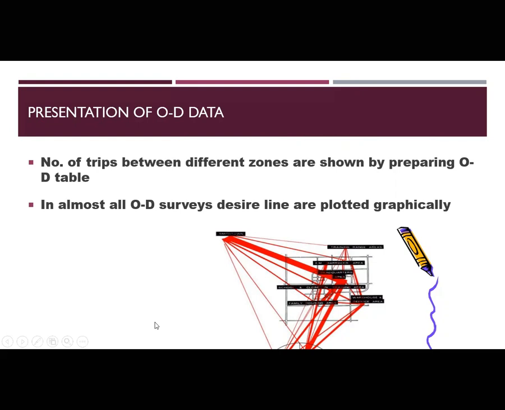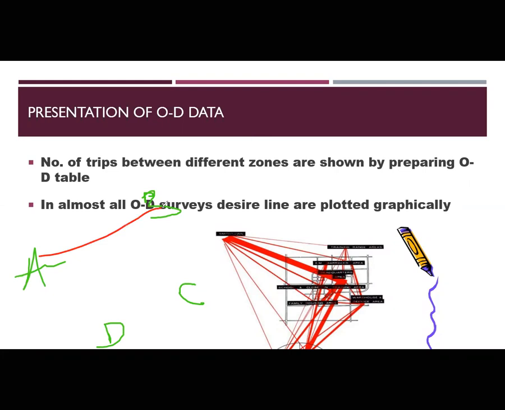Here in this image, what the surveyor does, or finally after analysis, is plot the positions at different places and consider what the actual trips are in the particular situation.